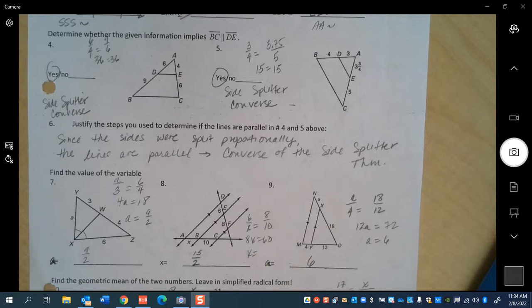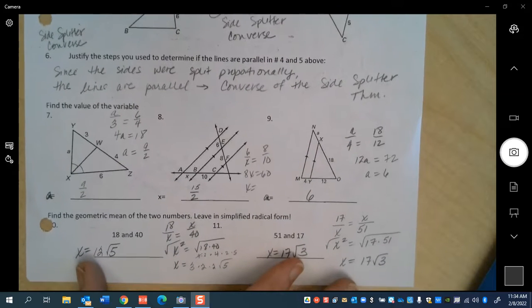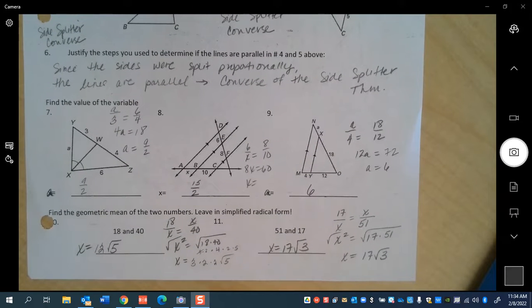With that side splitter converse, please ask if you are curious. All right, 7, 8, and 9. We had our angle bisector theorem. We had our corollary to our side splitter, and then our side splitter. Any questions or drama there?